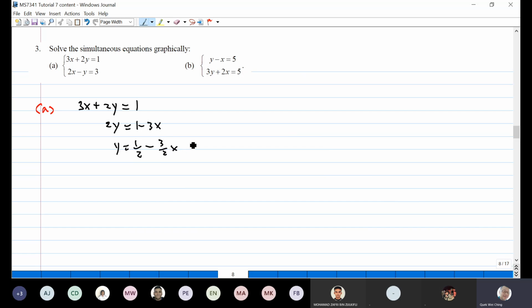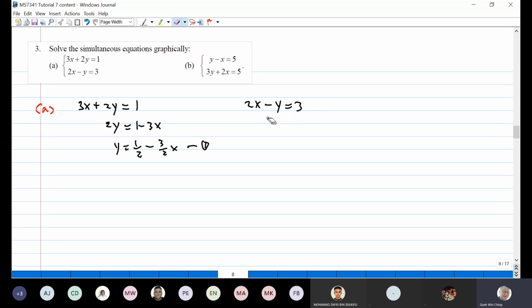So this is the first equation. Then you look at the second equation: 2x minus y equal 3. So what is y now? Okay, do it slowly so that you don't get confused.